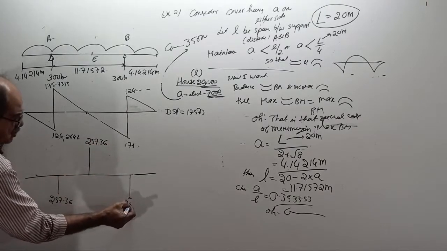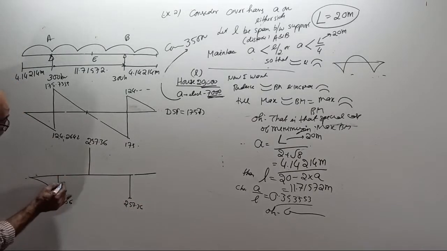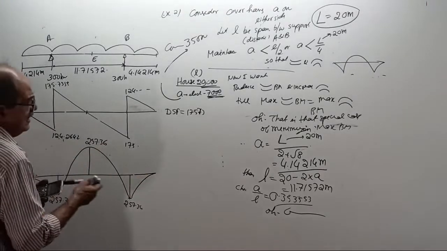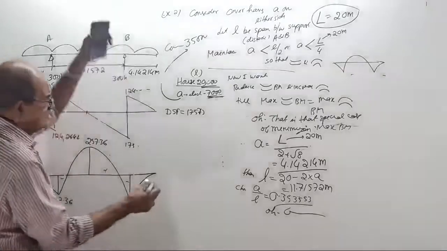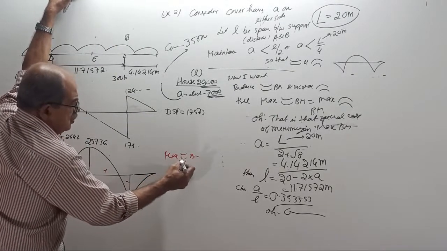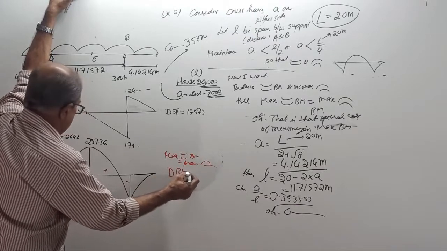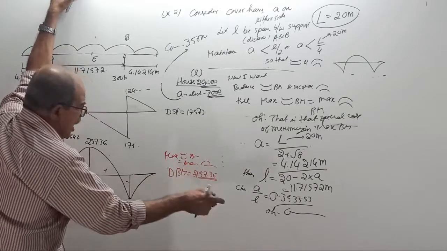Here also 257.36. What is the scale? Oh, this way. Now you can tell, oh, what is this? This is the unique case of maximum sagging BM equal to maximum hogging BM. So the design BM here is 257.36. Further less you cannot make.